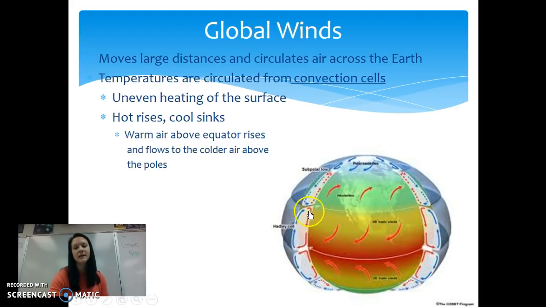So you can see in these different cells all around the globe, it circulates, the heat rises and the cold sinks. And so it creates these different zones of global wind systems that will impact around the different latitudes of the Earth. And so I'm going to go over the most basic zones of the global wind systems.